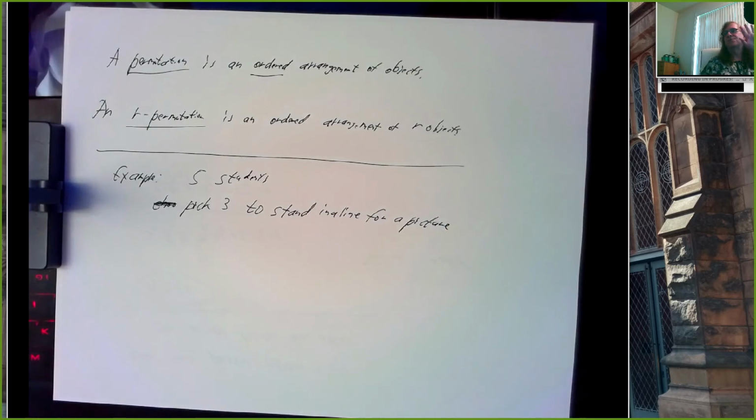So we've got 5 students. We're going to make a picture containing 3 of them. They're going to be standing side by side. And we could say, how many ways can we do that? How many different ways could we pick 3 students out of 5 and arrange them side by side?